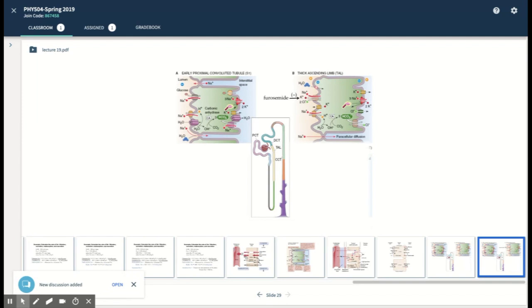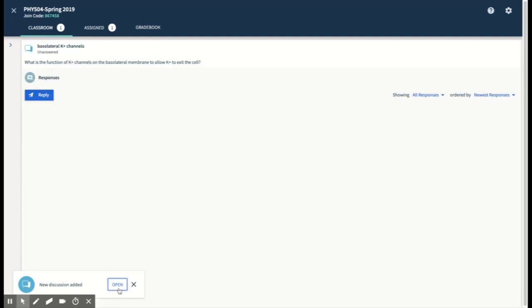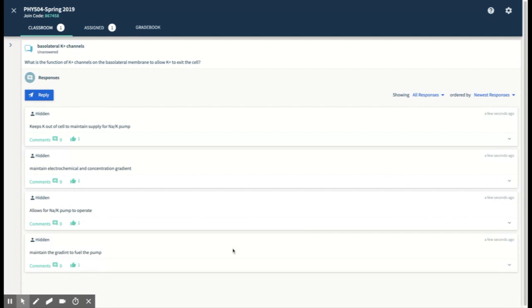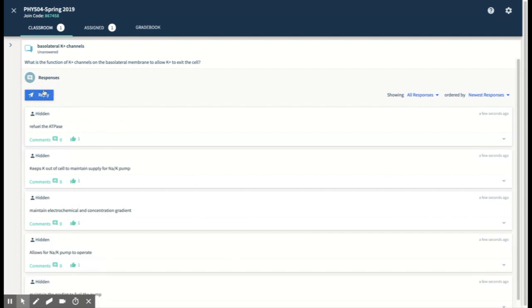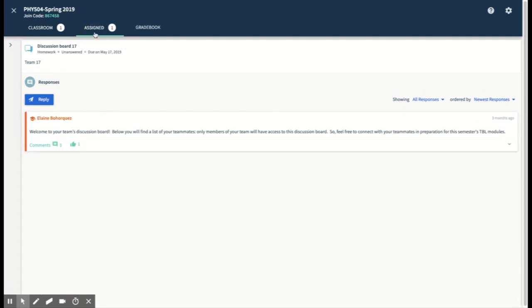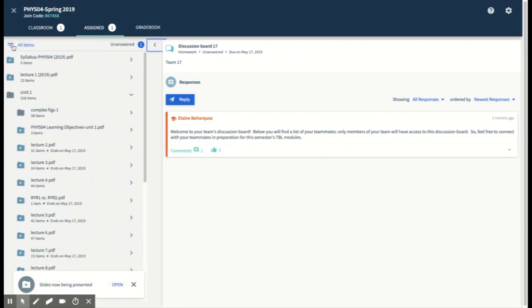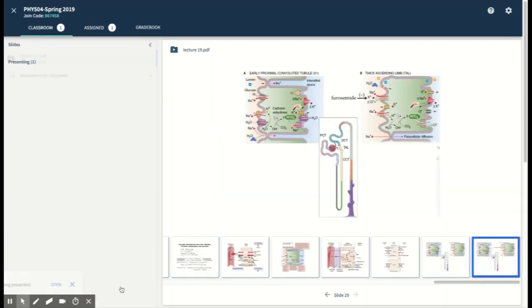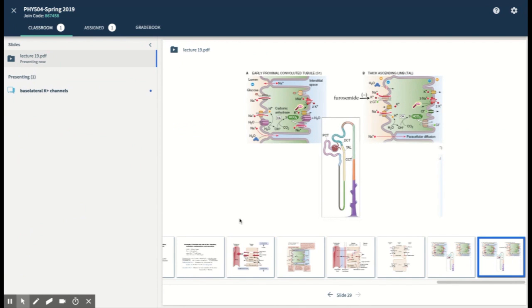Well, what else is on the basolateral side in terms of potassium? What's on the basolateral side of every cell? Sodium potassium pump. Where does that pump potassium? Into the cell. What happens if you pump it into the cell using ATP and you have no way to get it back out on the basolateral side?